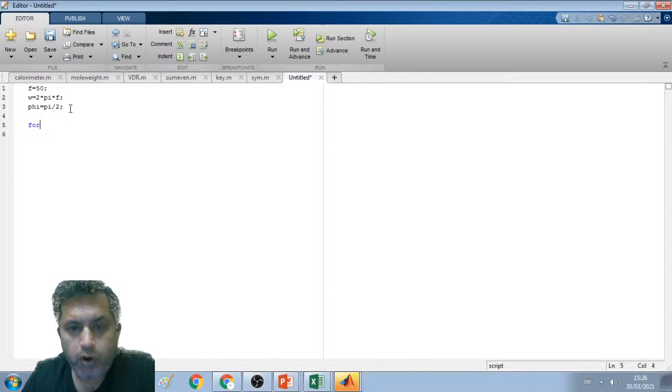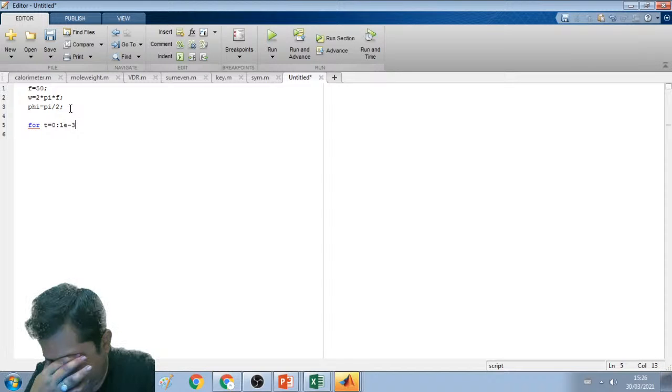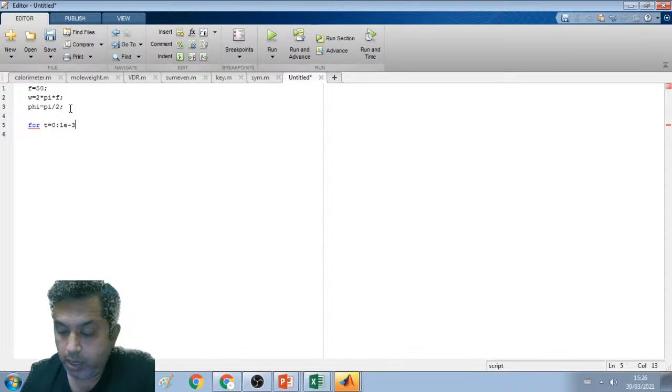Okay, for t equal to 0, initial value is 0, increment by 1 millisecond, e raised to minus 3, last value is 0.04. This is the last one.